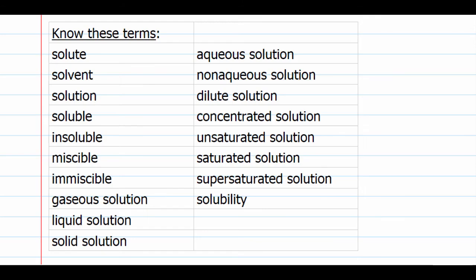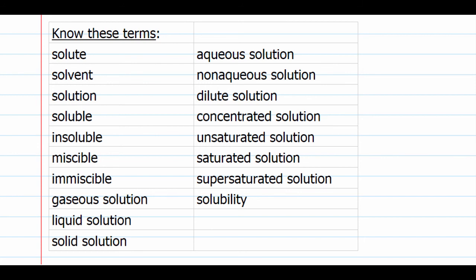Then, if we look at our next terms, we go down, we have gaseous, liquid, and solid solution. Usually when we think of solutions, we think of something like this, something that is in a liquid state. But if we go back to our very first term that we looked at on the Socratic app today, we're talking about a homogeneous mixture.